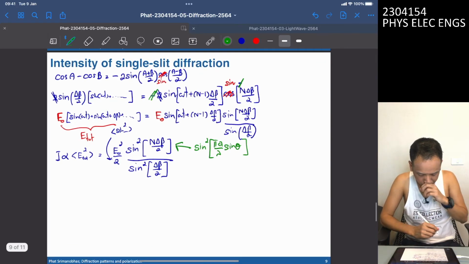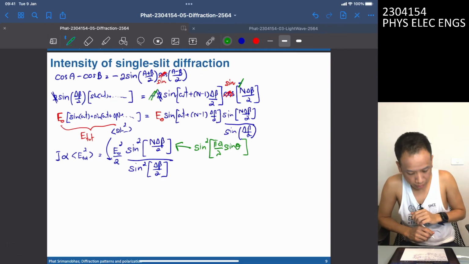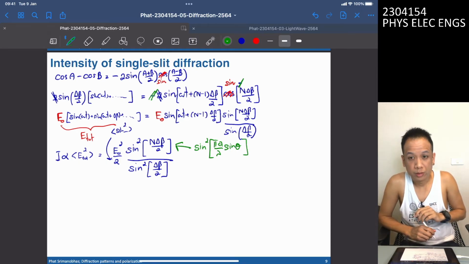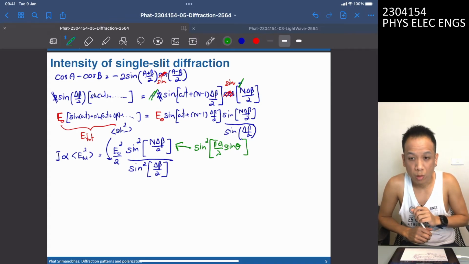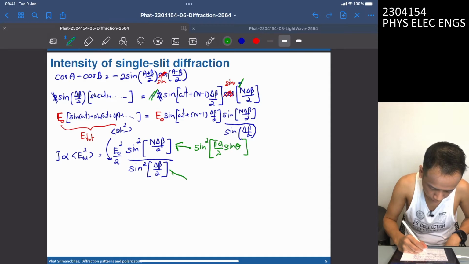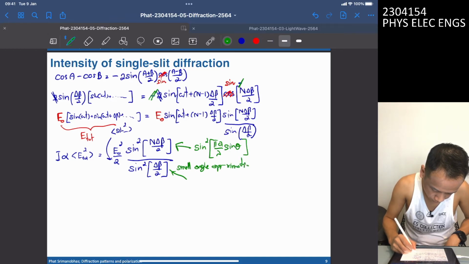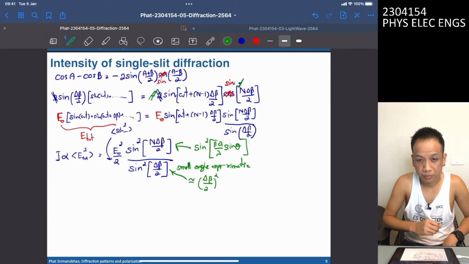And then for the denominator, we can approximate that the delta beta becomes small. So we can do the small angle approximation. Then it becomes delta beta over 2 squared.